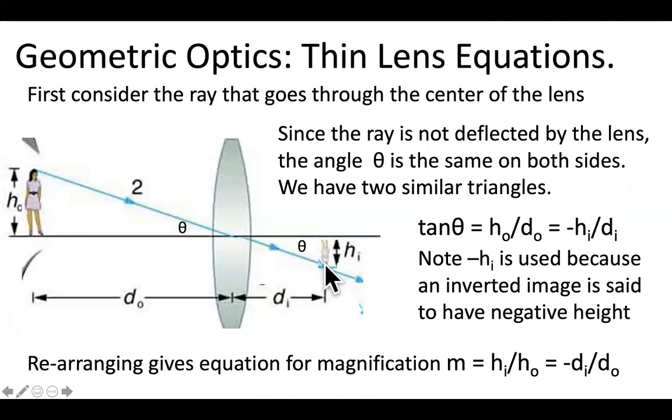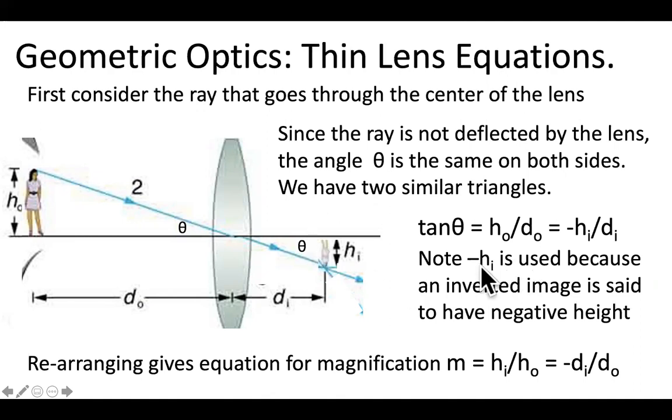Since this ray is a straight line and the axis of the lens is a straight line, we know this angle here, which I'm calling theta, and this angle here is the same theta. We have a triangle here made up of the person, this length, and this ray. And we have another triangle here made of the image, this distance, and this part of the ray. Since this angle and this angle are the same, these two triangles are similar.